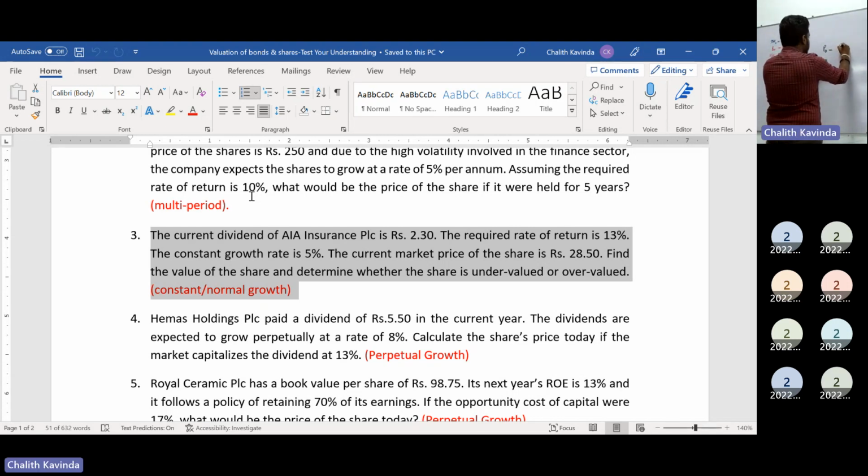Our current year dividend is 2.3 rupees, so we need to calculate the next year dividend by applying the growth rate of 5%, divided by the cost of equity rate. One can argue that this can be considered a single period valuation. Forget about it.